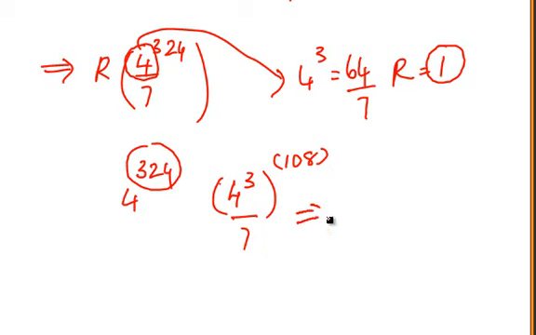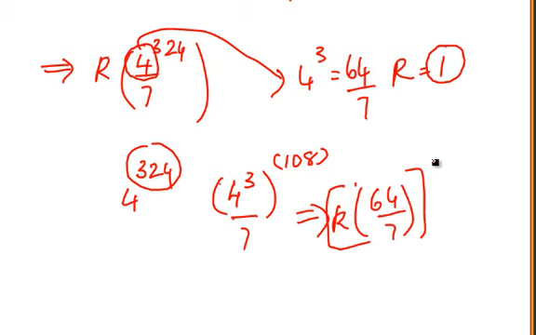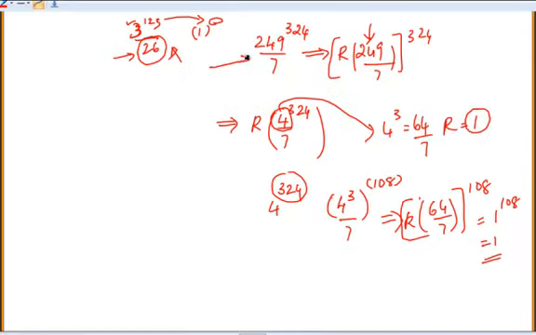Now, this in effect is the remainder of 4 cube, that is 64, by 7, the whole power 108, which is equal to 1 raised to 108, which is equal to 1. So at times we have to manipulate a bit further to simplify what we have, and then apply the techniques and the rules that we have learned.